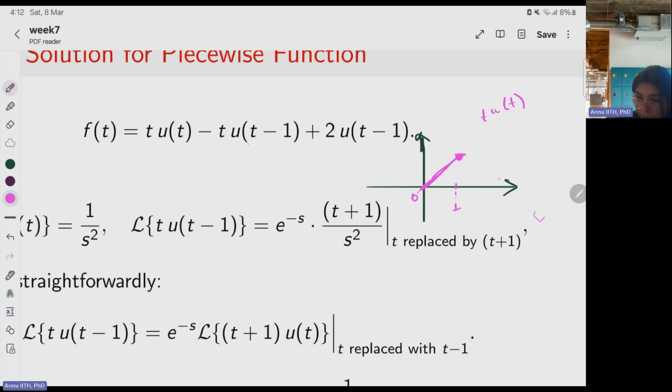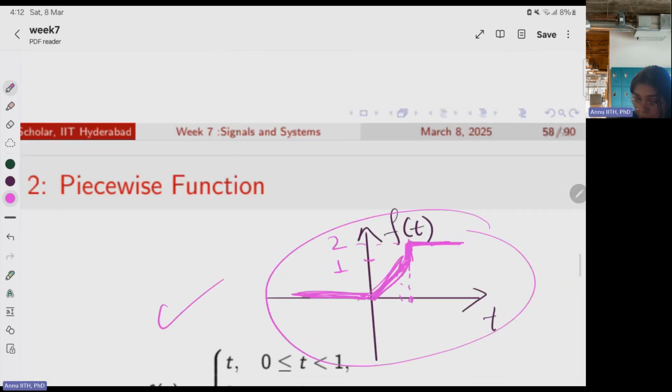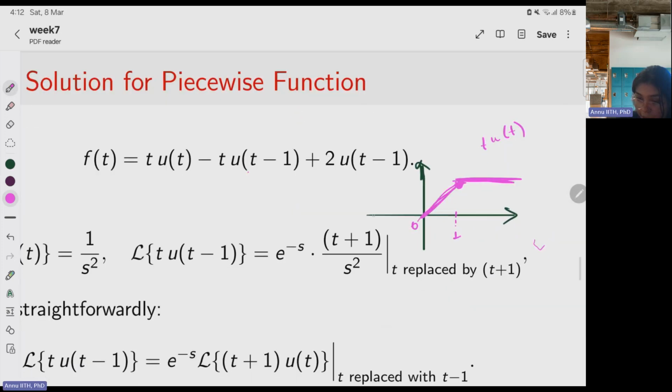Plus, you're also adding plus 2, similar to what we had here, right? Whereas it is 0 here, because this is starting from 2 u(t minus 1). Since it becomes 0, then you are adding this.